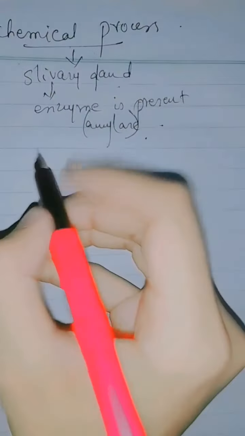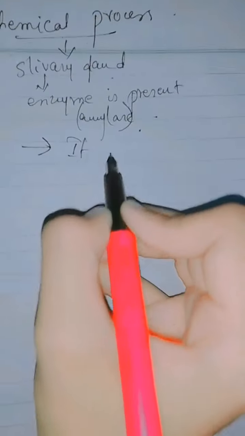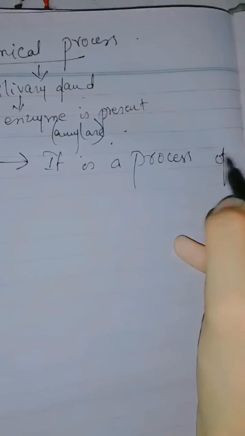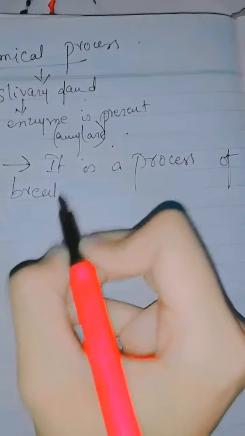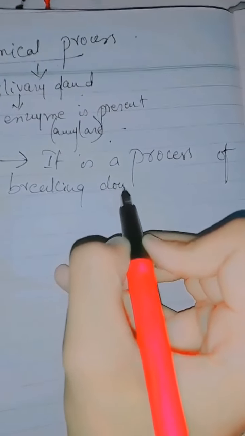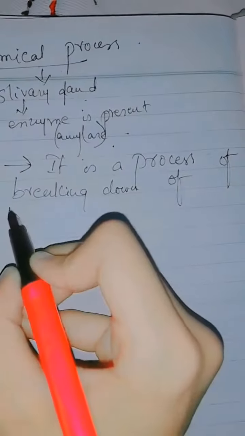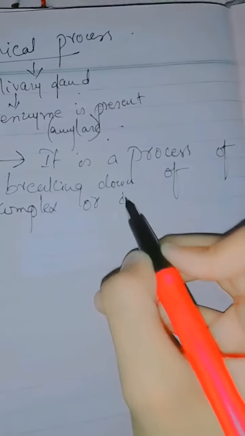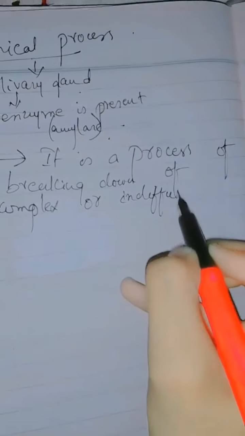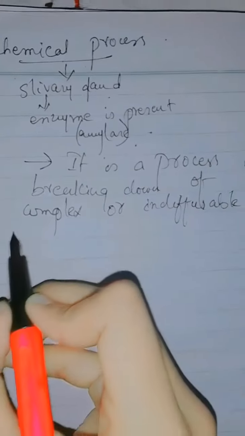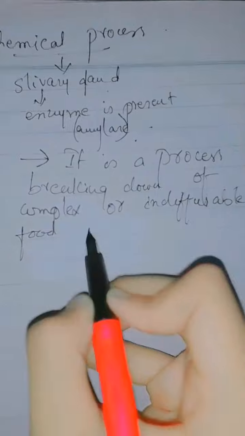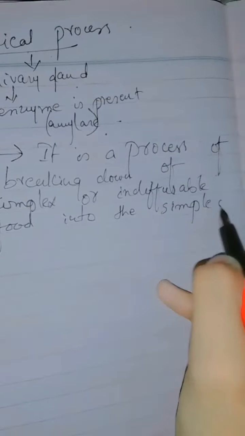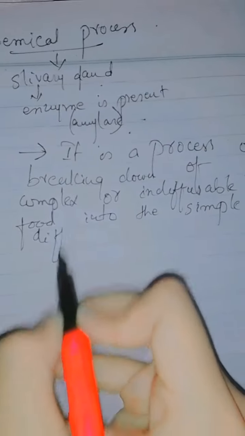What is actually digestion? Digestion is basically a process of breaking down of complex, or we can say indivisible, molecules or food into the simple or divisible food.